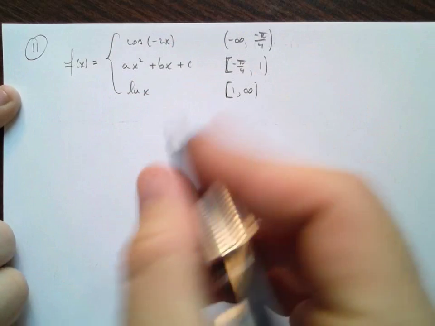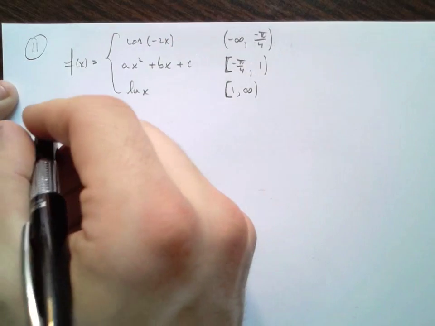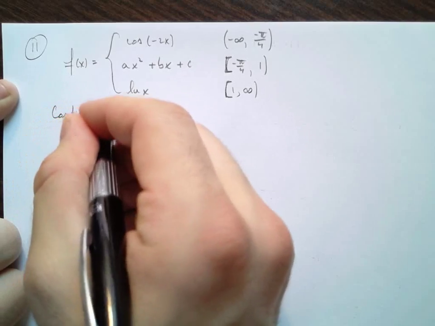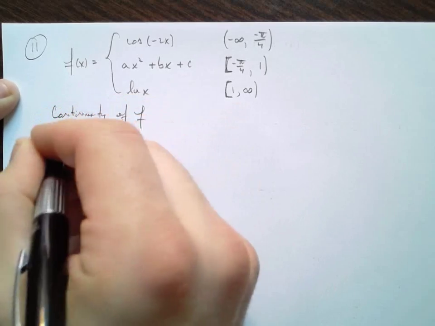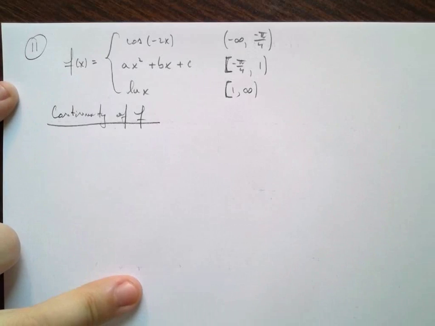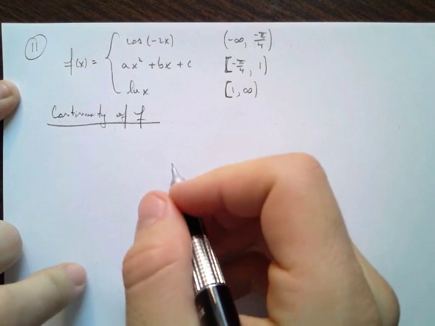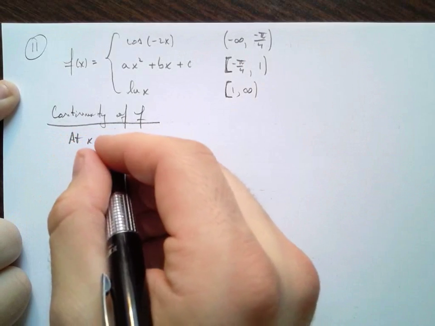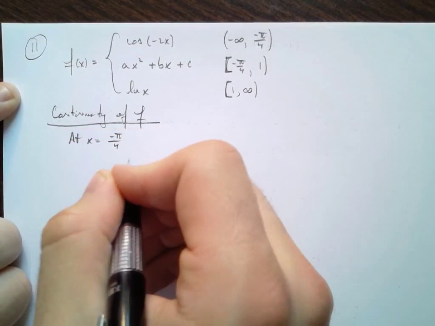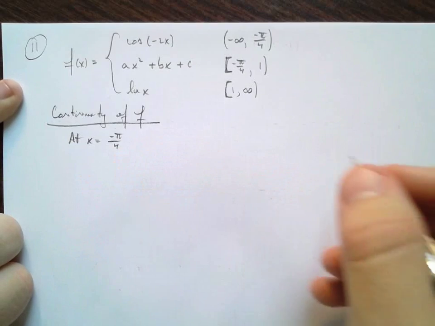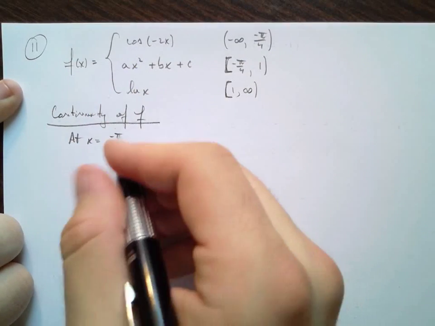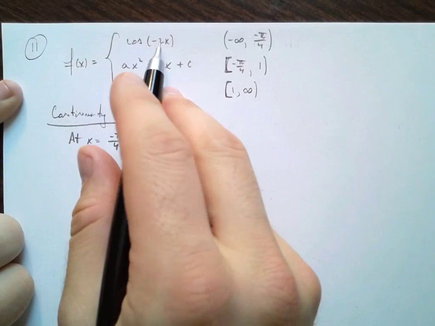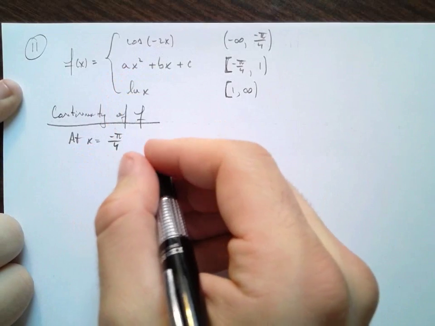So I have to show that no such A, B, and C exist that make this function differentiable. And just like in the previous problem, first I need to establish continuity of my function, right? Before I have differentiability, I have to have continuity. So at x equals minus pi over 4, what do I get? Well, I have to plug that into cosine of minus 2x.